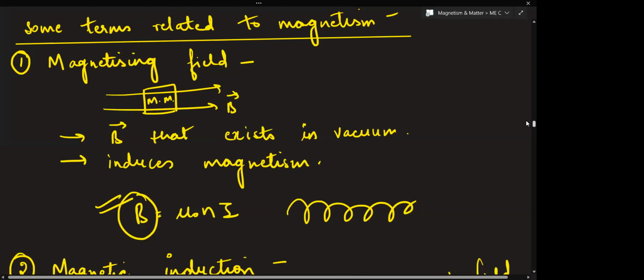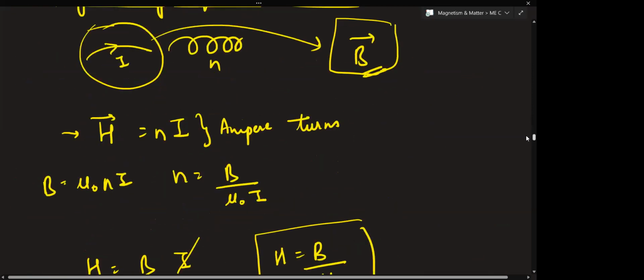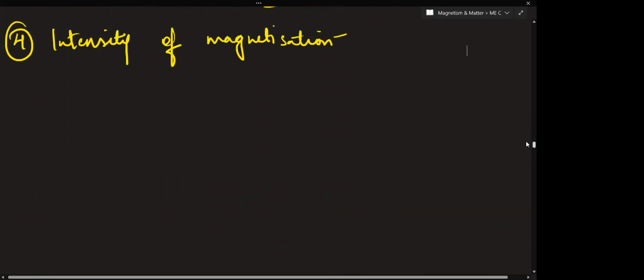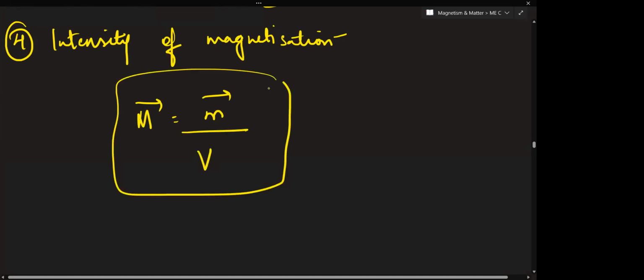If this magnetic field is replaced by the magnetizing field, we can simply call it intensity of magnetization. A better way to remember it is the magnetic moment developed. You are aware of magnetic moment. So instead of going into the definition of magnetization, intensity, and all these confusing terms, you know magnetic moment, and magnetic moment per unit volume is simply magnetization. Let's say magnetic moment is M and volume is V. This is the intensity of magnetization: magnetic moment divided by volume.